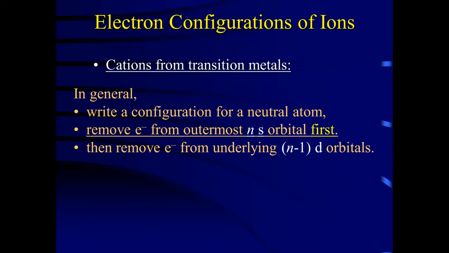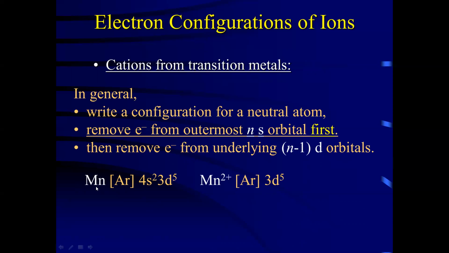Then we remove the electrons from the outermost s orbital first, and then remove electrons from the underlying n-1 d orbital. Okay, what do I mean? Let's take a look at some examples.